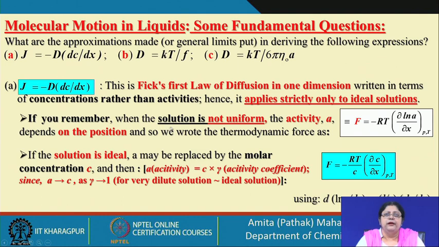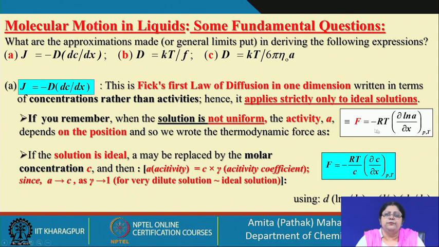If you remember, in a solution which is not uniform, the activity was supposed to depend on the position. This is what we had derived, and the thermodynamic force which we had taken, I will not revisit that, but I will just mention here. Please look up the lectures if you have any doubt. So, the thermodynamic force, when we say the solution is non-uniform, is justified when the activity of the particular species depends on the position where it is.